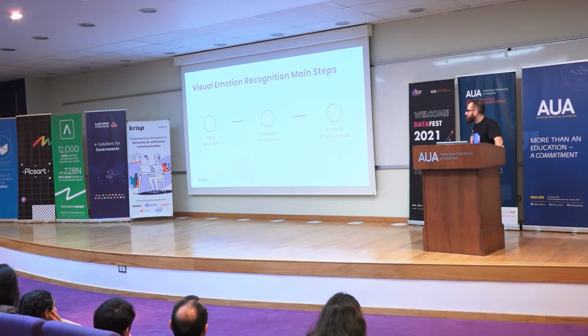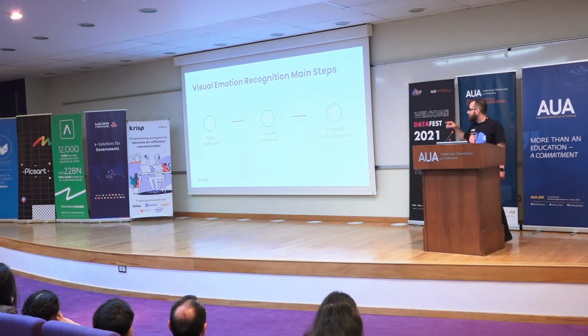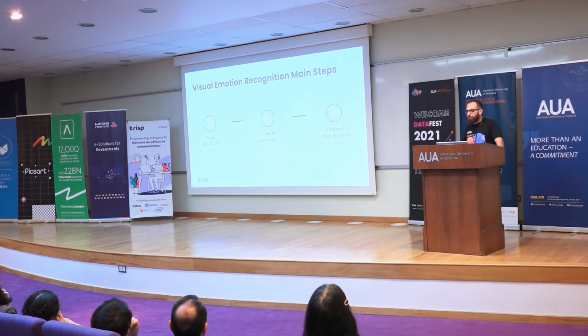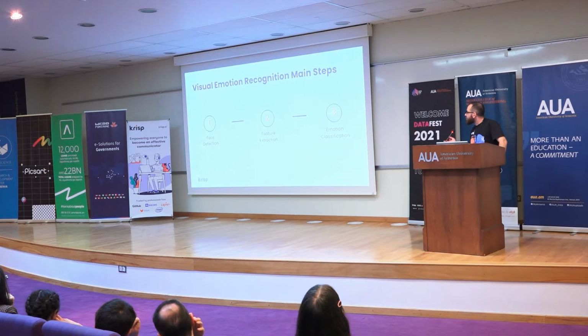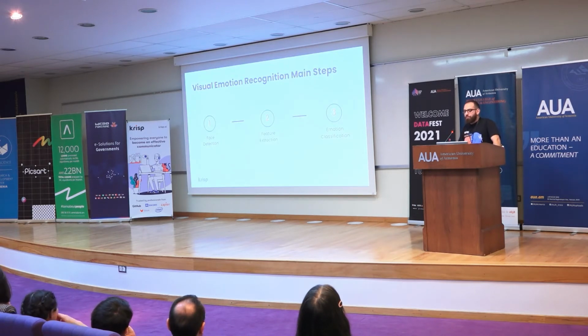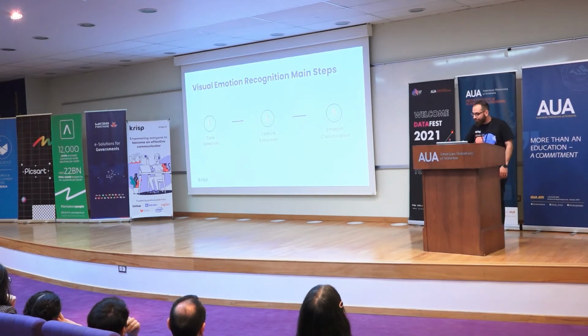So the first step is usually face detection, and on that detected face, by which we mean a cropped rectangle on an image where only a human face is present, feature extraction is usually done. That may include those action units defined by Paul Ekman that I covered, or maybe some landmarks. And based on that, the main part, the classification, is done.